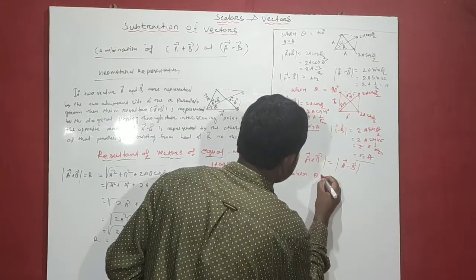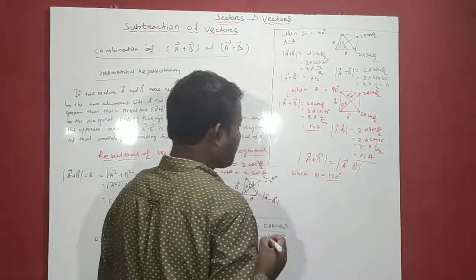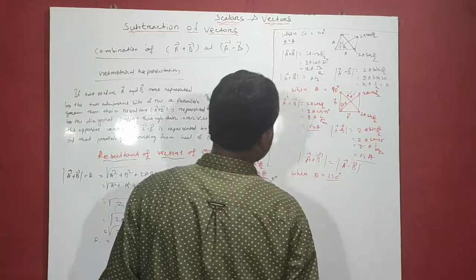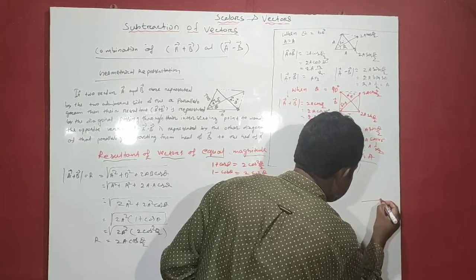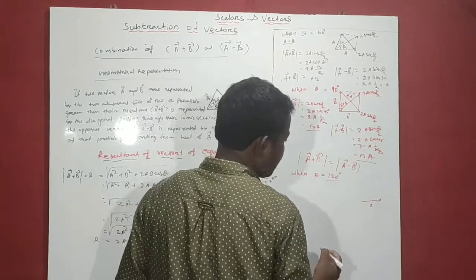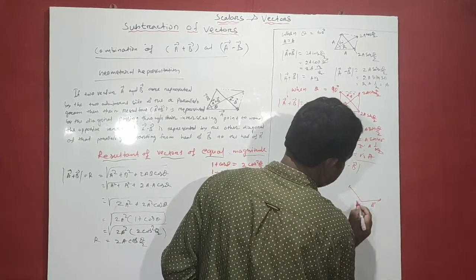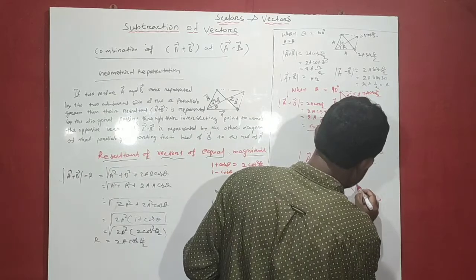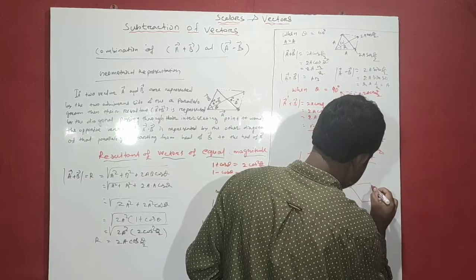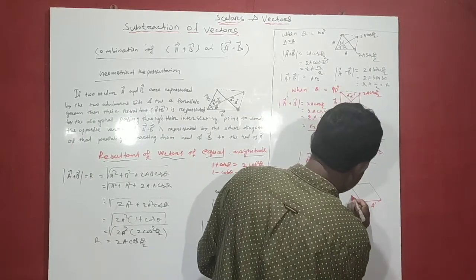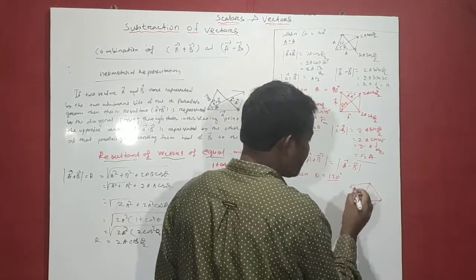When theta is equal to 120 degree, let's say this is A and this is B. If I complete the parallelogram, we get the resultant of A plus B. Here this is A and this is B, then their resultant will be this diagonal.